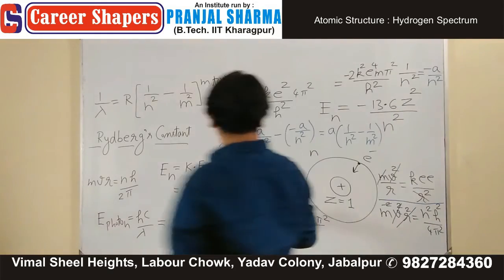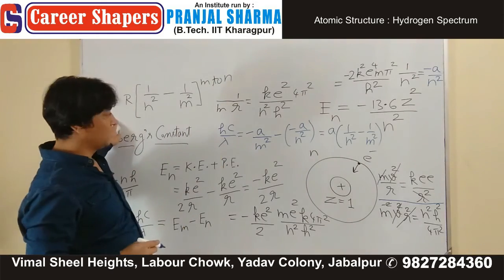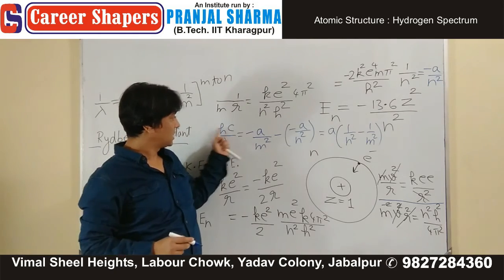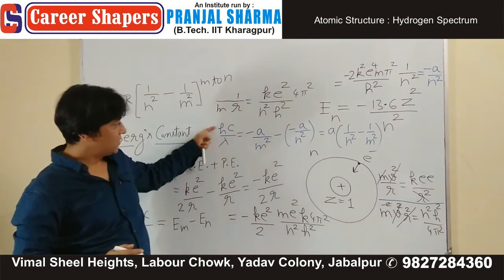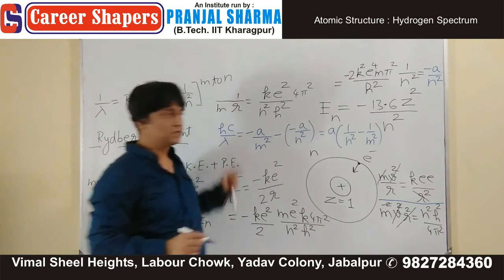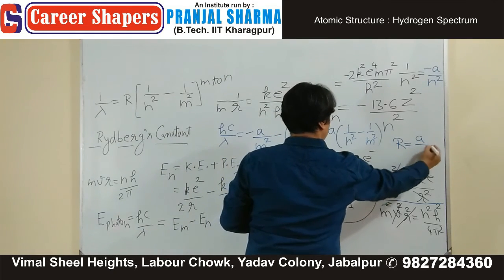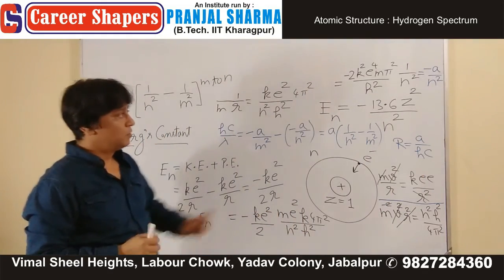And then 1 upon λ. 1 upon λ is R times... 1 upon λ is what? A divided by hc. If I need 1 upon λ, then that is A divided by hc. So the Rydberg constant R is A divided by hc. What is A?